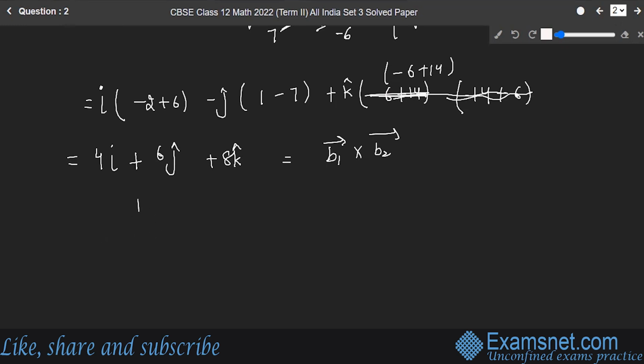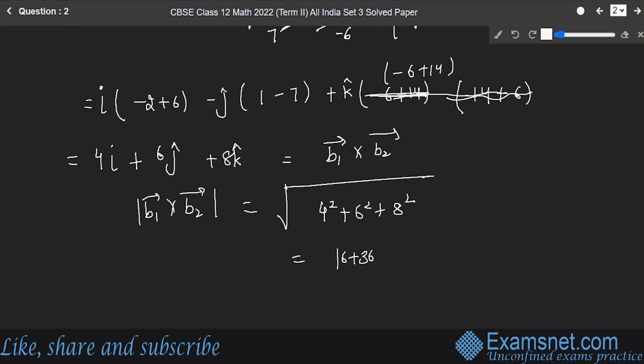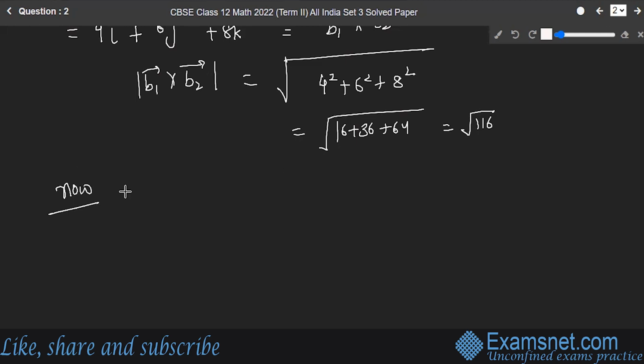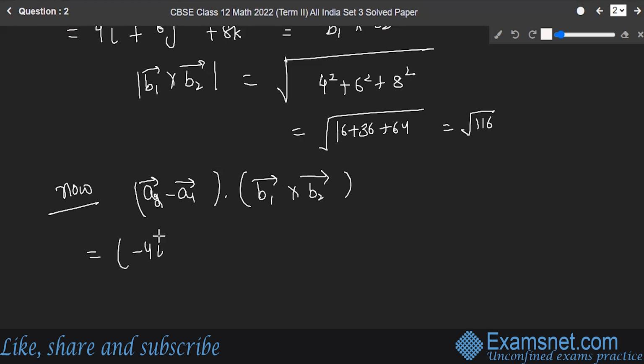Let's find out its magnitude now. So this is equal to root of 4 square plus 6 square plus 8 square, which is equal to 16 plus 36 plus 64. That is equal to root of 116. Now A2 minus A1 vector, the dot product with B1 cross B2 vector, is equal to (minus 4i minus 6j minus 8k) dot (4i plus 6j plus 8k).